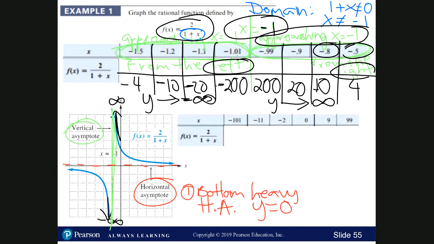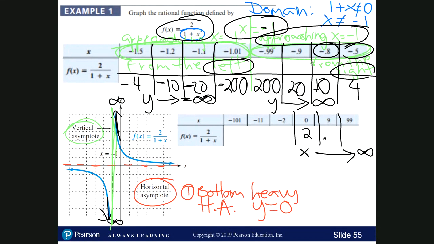Now let's see what happens with its x values starting from 0. So if x was 0, the y value will be a 2. What happens if we increase our x value? So we say x approaches infinity, and so the next y value for x equals 9, it will be 0.2.